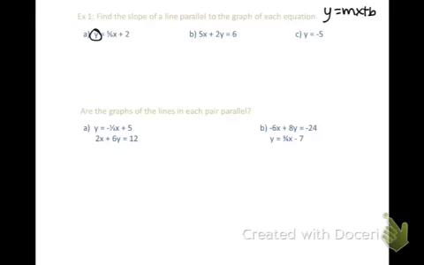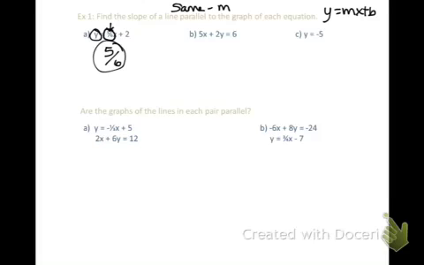Yes, y has nothing attached to it except an equal sign, so that works perfectly. So we're going to find the slope of a parallel line. Remember, with parallel lines, they need to be the same m, or slope. So the same slope of 5/6 is 5/6. And there's your answer.